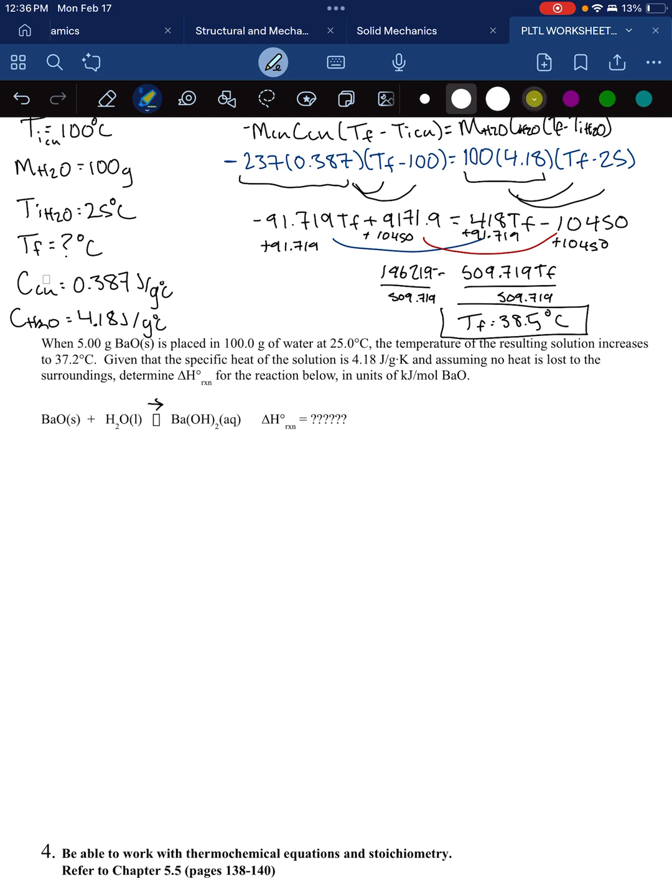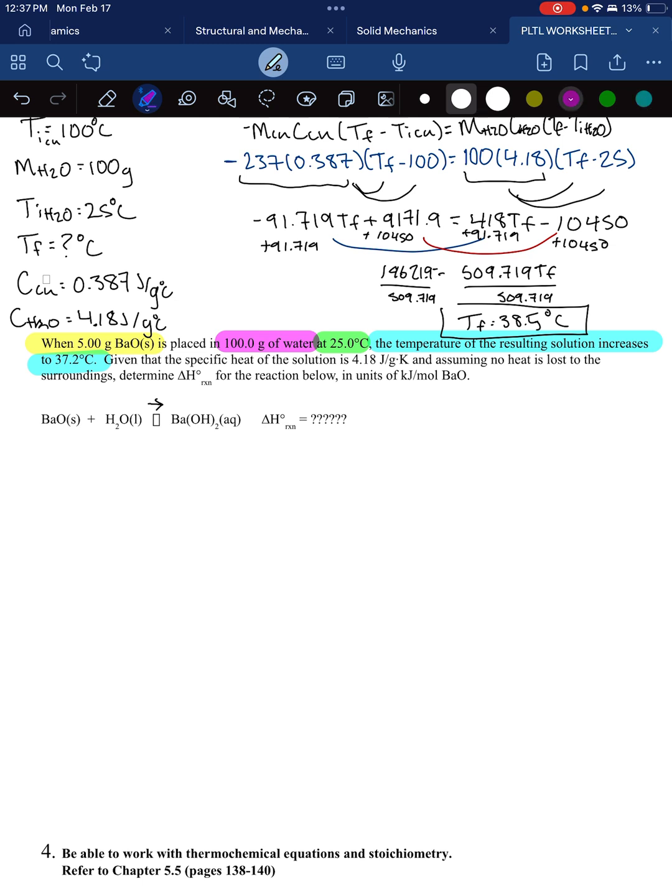When 5 grams of barium oxide is placed in 100 grams of water at 25 degrees Celsius, the temperature of the resulting solution increases to 37.2 degrees Celsius.